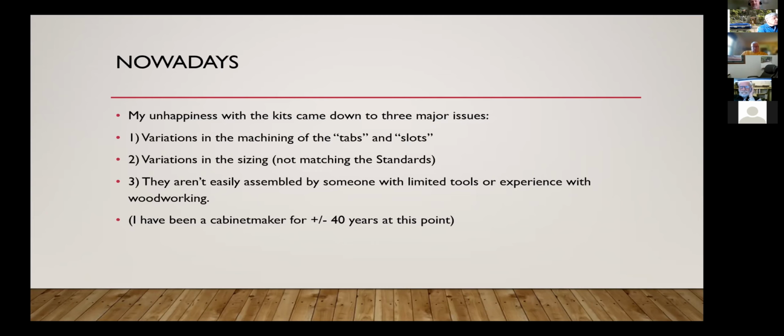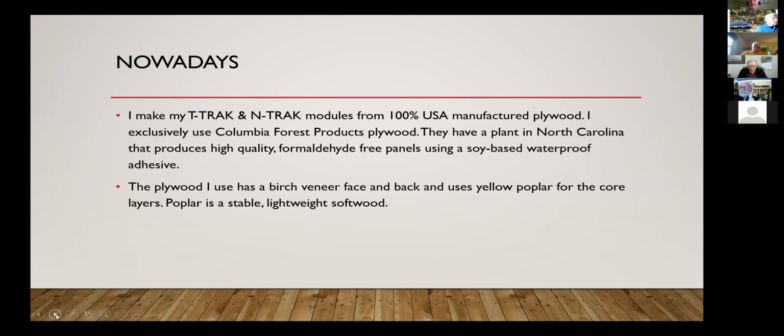I've been a cabinet maker for 40 years, and having things down to the millimeter is a very easy thing to do. And I just found that they were inconsistent. If you don't have any woodworking skills, or you're challenged by gluing and screwing things together, they weren't very easily put together. So I make my T-TRAK and N-TRAK modules from 100% USA manufactured plywood and USA pine.